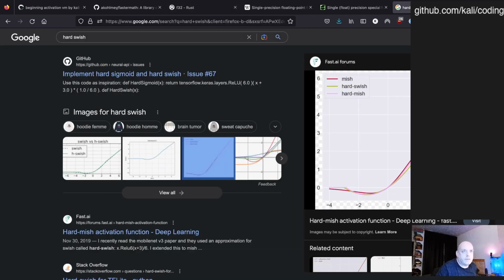But the thing is, this function can actually be approximated by rational functions. Maybe two rational functions actually.